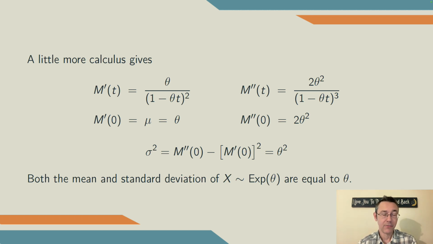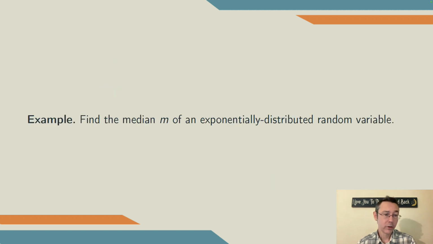We can then find the variance of this random variable by doing the expected value of x squared minus the expected value of x quantity squared. Overall, we get theta squared. So the mean and the standard deviation of such a random variable are both equal to theta, to the rate parameter.